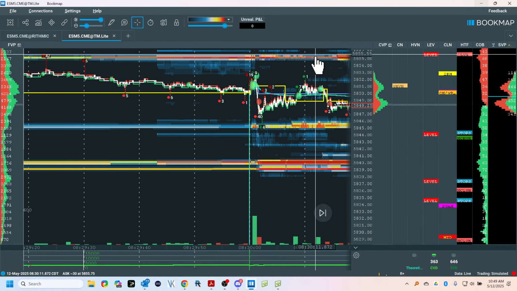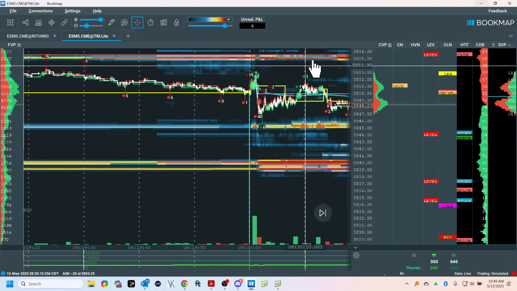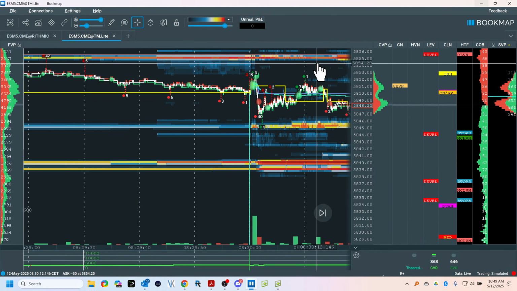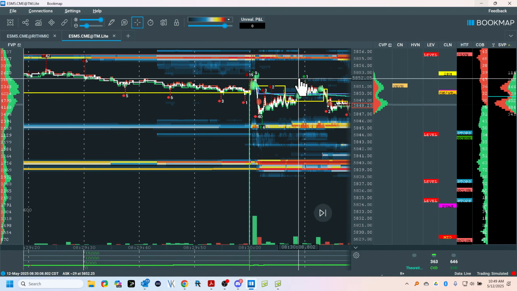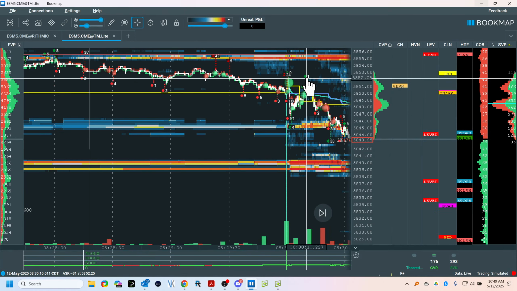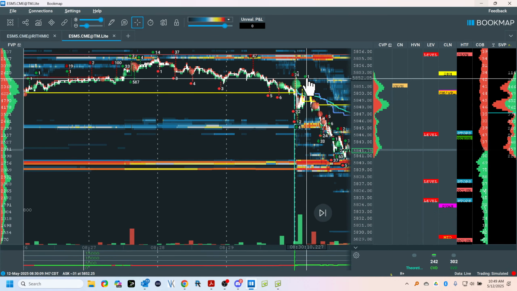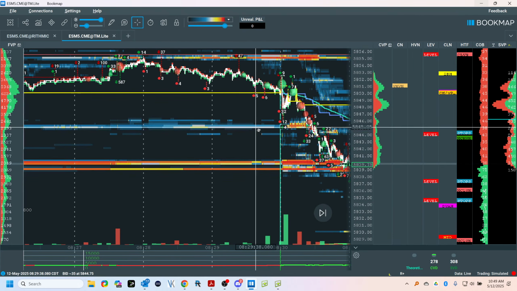But I think it has a lot more risk because there's really nothing sitting over here except this liquidity and outside edge, in a higher time frame. So I didn't take it, but I was reading it. I said, okay, I see my responsive selling. Not unrealistic. So let's watch.